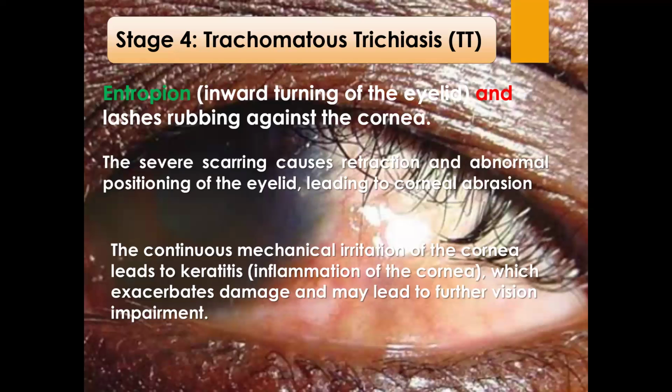So as this inflammatory process continues, opacification can occur due to repeated injury and healing response. So as the lashes continue to injure the cornea, it will try to repair and heal, leading to formation of more scar, and at a point, the cornea can no longer allow light entry, and that is known as opacification or corneal opacity.